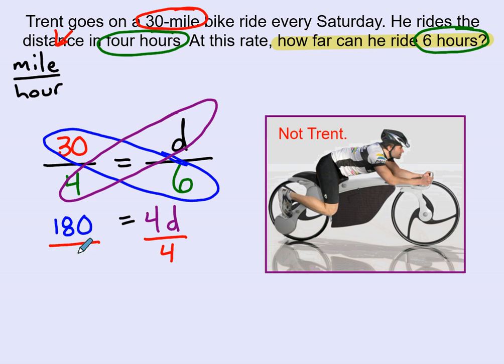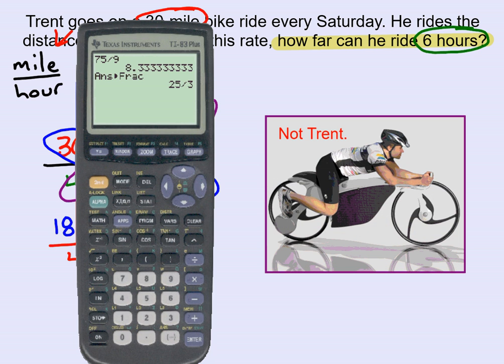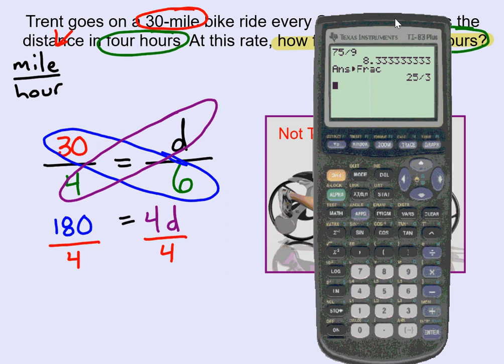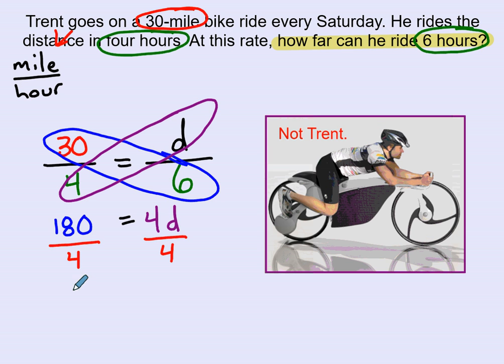Pulling out my calculator. 180 divided by 4 is 45, equals D. So how far can you ride in 6 hours? You can ride 45 miles.